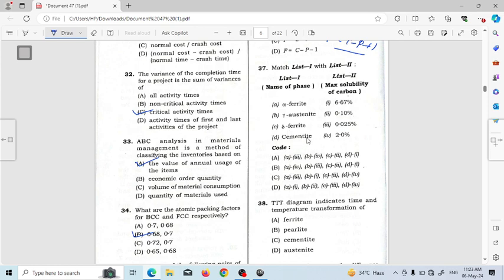Cementite will be 6.67 percent carbon, and alpha ferrite is 0.025, gamma austenite is 2.0 percent, and delta ferrite is 0.1. So A is equal to 4, D is equal to 1, and B is the correct answer.